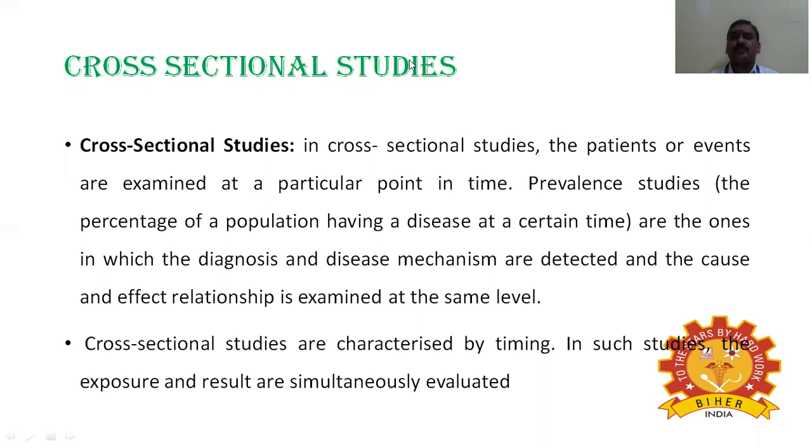The percentage of a population having a disease at a certain time is called a prevalence study. In prevalence studies, the diagnosis and the disease mechanism are detected, and the cause and the effect relationship is examined at the same level.